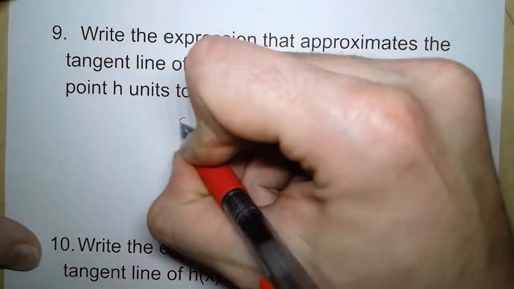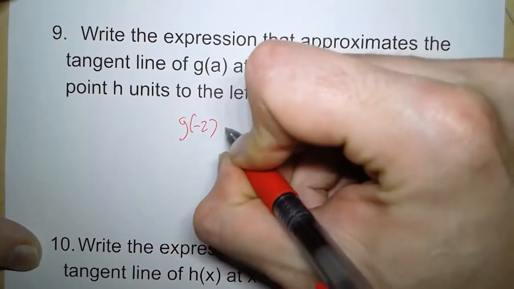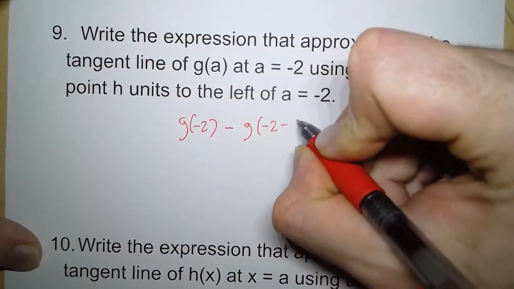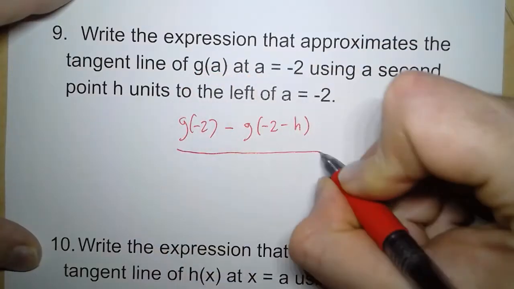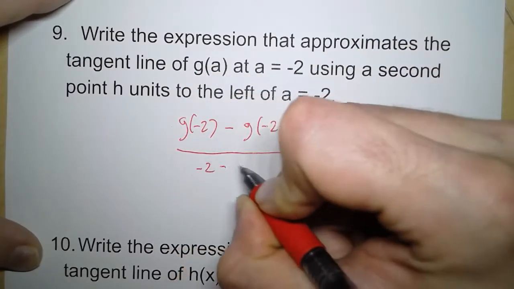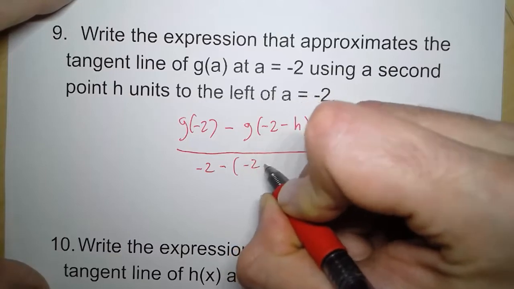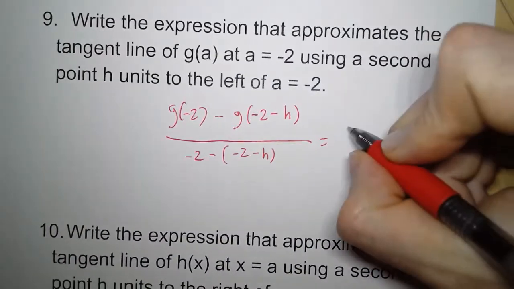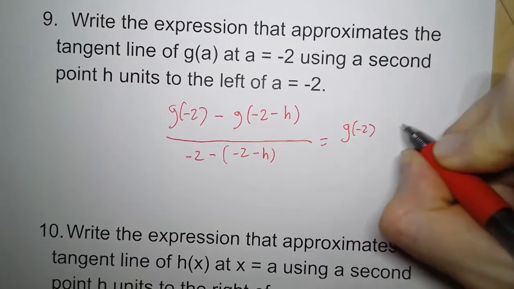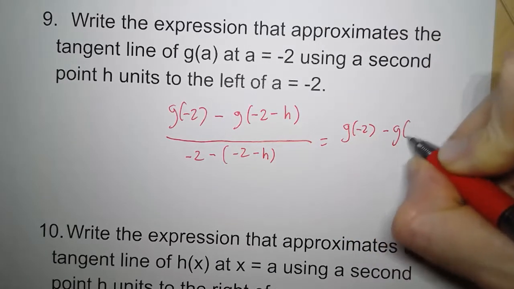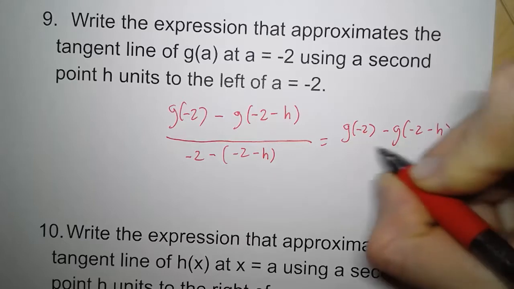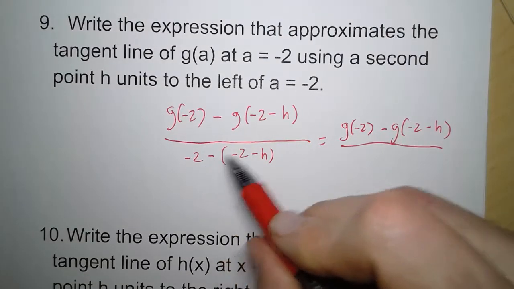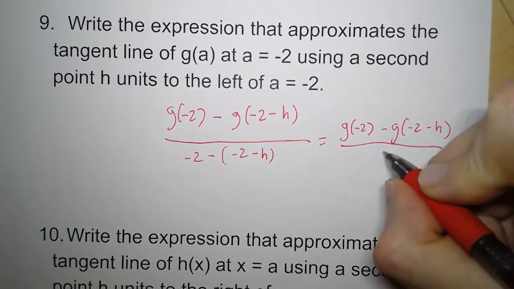So we start with g(-2), and the next point is -2 - h, all over -2 minus the quantity -2 - h. And for simplicity's sake, we could simplify this a little bit. g(-2) minus g(-2 - h) all over, with the negative distributing in, the 2 becomes positive and cancels out the negative 2, and so you're just left with h.